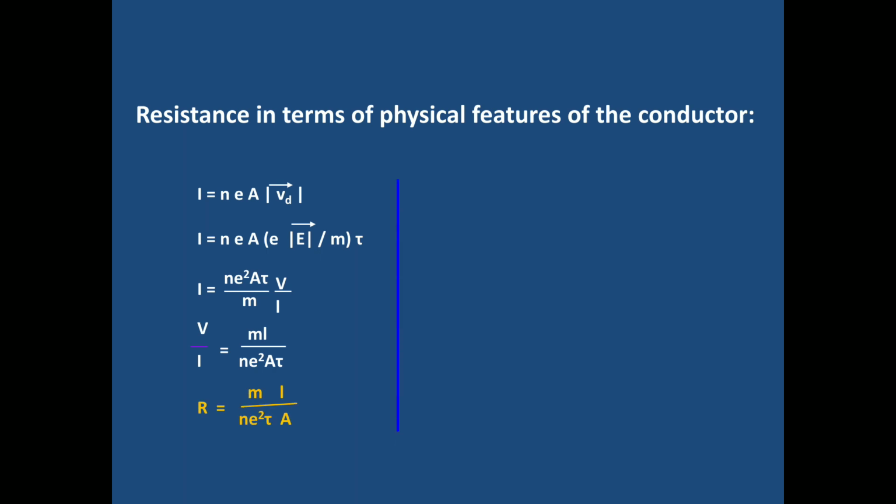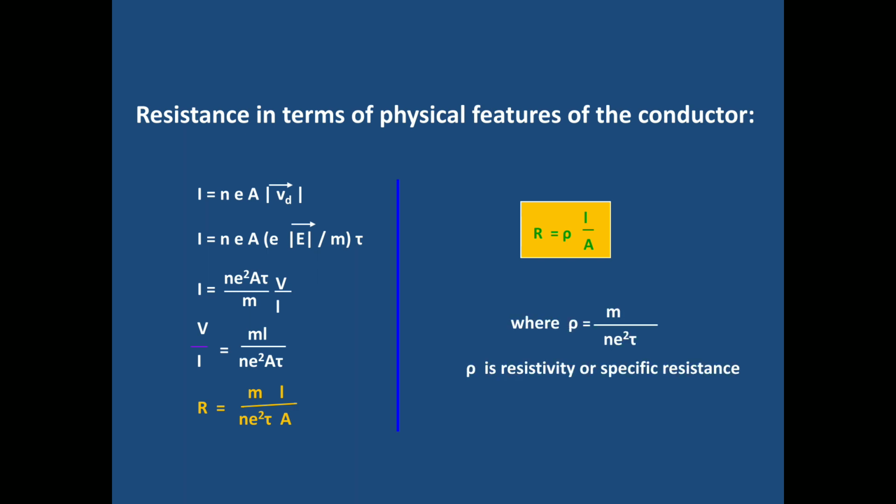So we say that this resistance depends directly on the length of the conductor and inversely on the cross-sectional area. And this term m upon n e square tau is known as resistivity or specific resistance, which depends upon the nature of material, because again mass and electronic charge are constant.